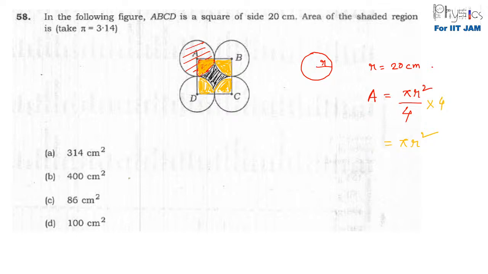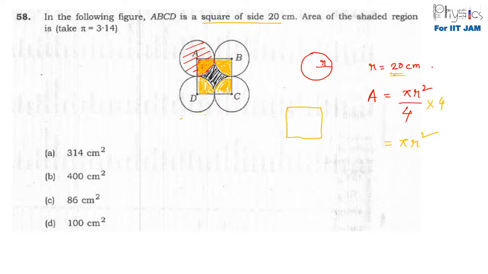Now tell me what will be the area of this square. Okay, I think I made a mistake. Yes, here it is given that the square is of side 20 centimeter. That means r is not 20.